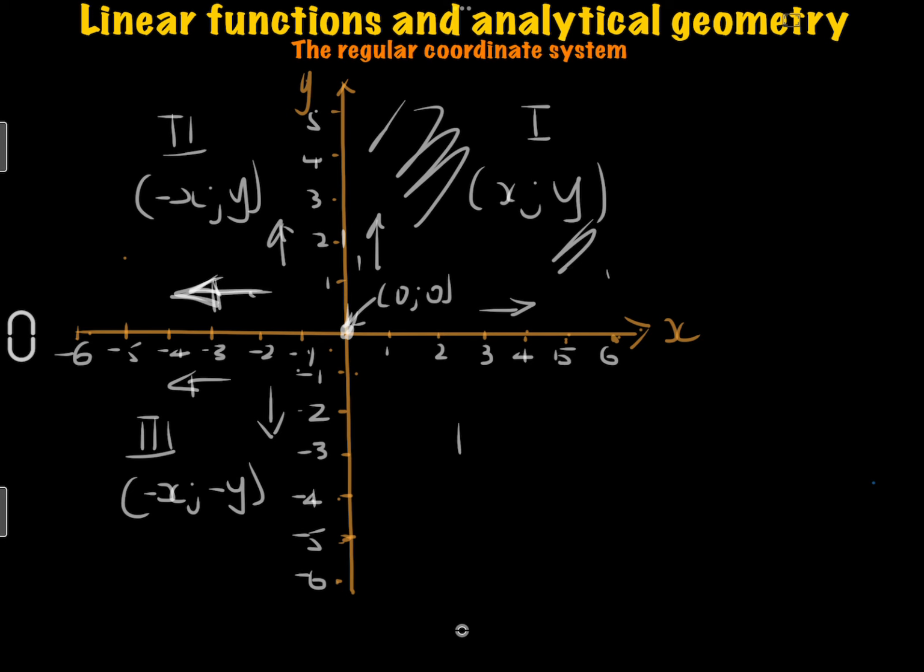Let's look at the fourth quadrant. Now x is positive in this quadrant, and y is negative. So that's essentially what we mean by the negative and positive signs of the coordinates in the quadrants.